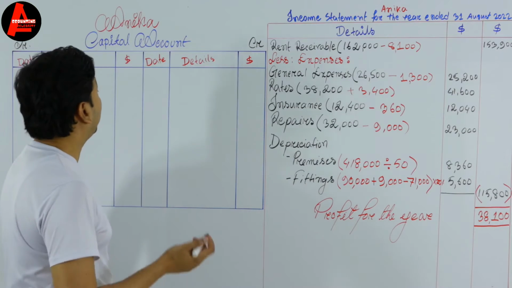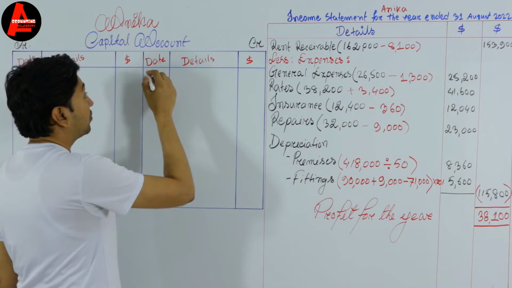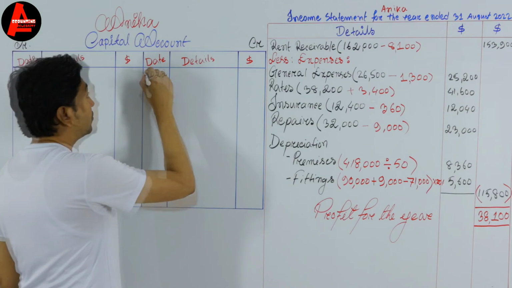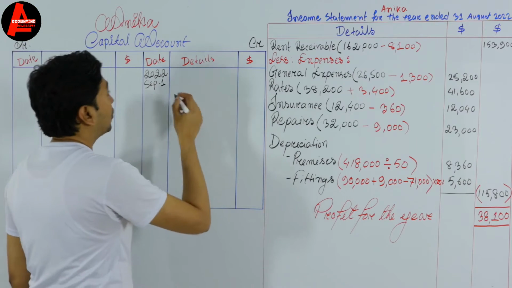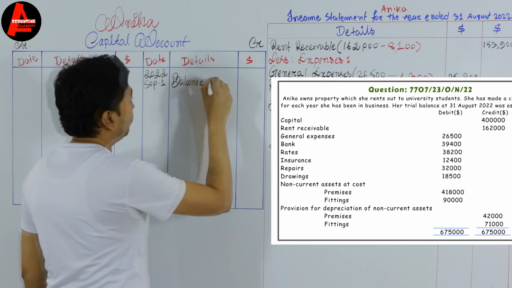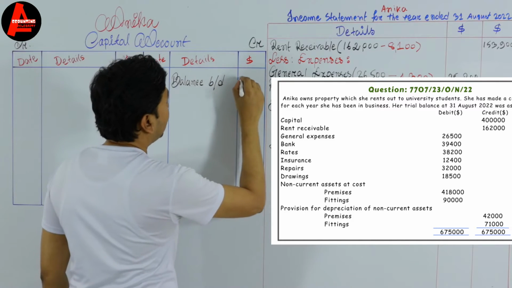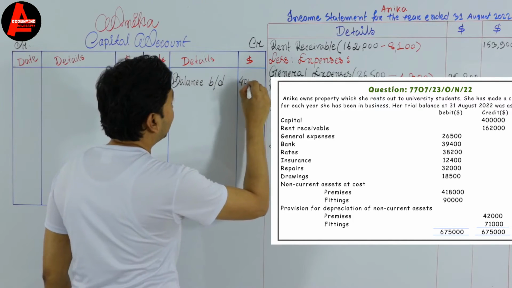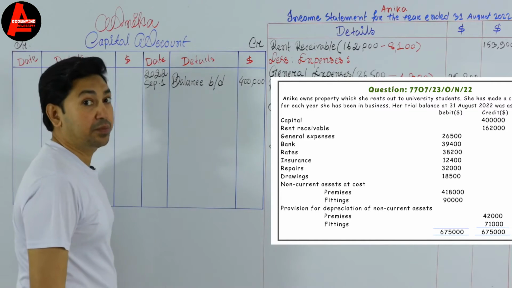The date will be 2022 September 1st, as mentioned in the question. We write balance b/d, where b/d stands for brought down, and here $400,000, which is the capital for the business.